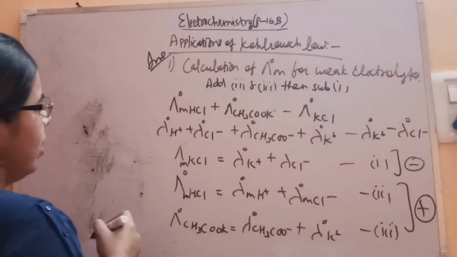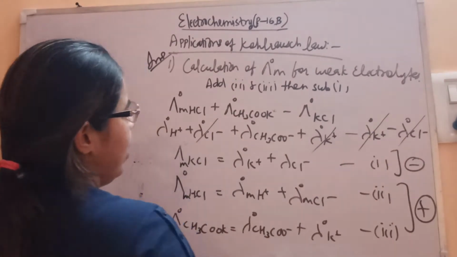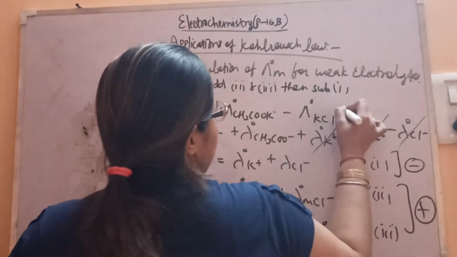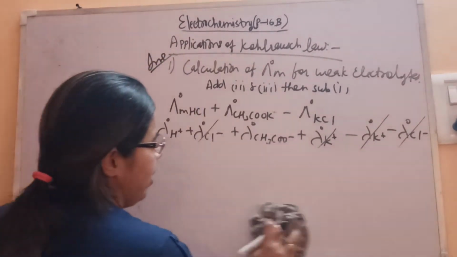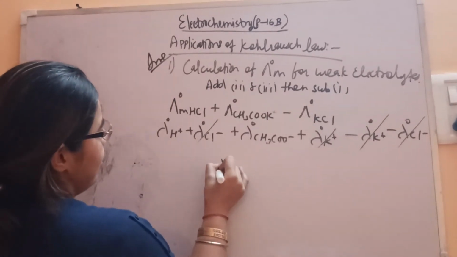Now you just see, this will get cancelled out from here, this will get cancelled out from here. Now what will be left? You will be left with the A which we require.